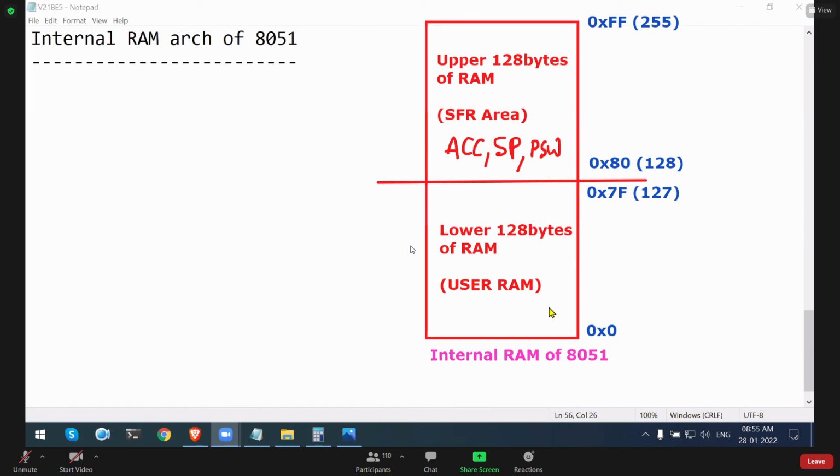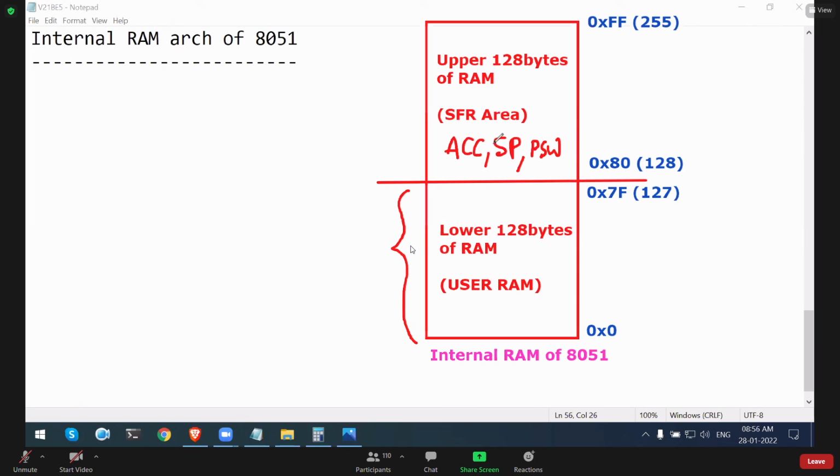The total size of the RAM is 256 bytes, but the complete 256 bytes cannot be used as user RAM. You can store your runtime data in the first 128 bytes only. The other 128 is reserved for special function registers. So 128 plus 128 makes 256 bytes.